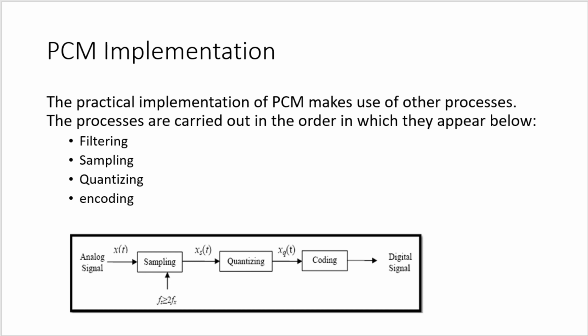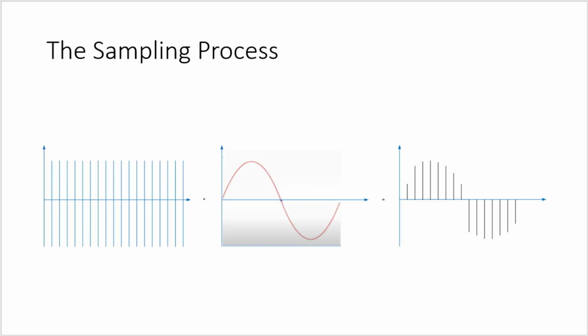Next we will discuss extensively the other three important processes, which together are called the modulation process. So here is the process. Theoretically, it is considered as the first step in implementation.